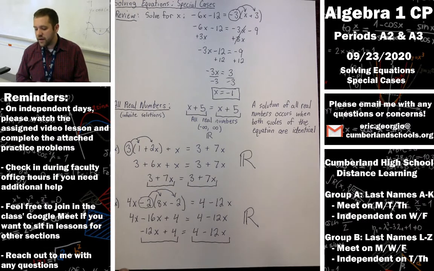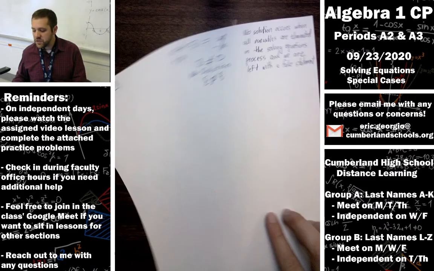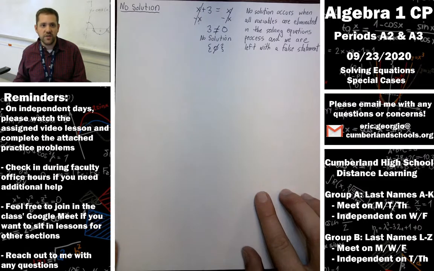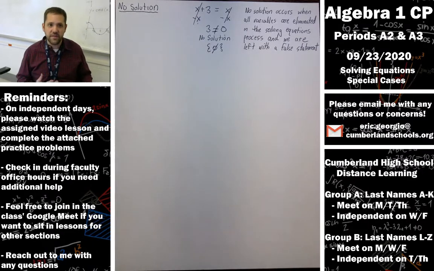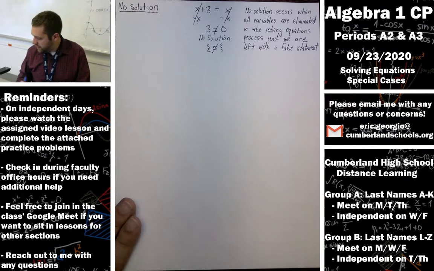So really, a solution of all real numbers occurs when you eliminate all the variables and you're left with a true statement, like 3 equals 3. And no solution occurs when you eliminate all the variables and you're left with a false statement, such as 3 equals 0. All right, let's take a look at some examples of no solution, and then we will be on our way.